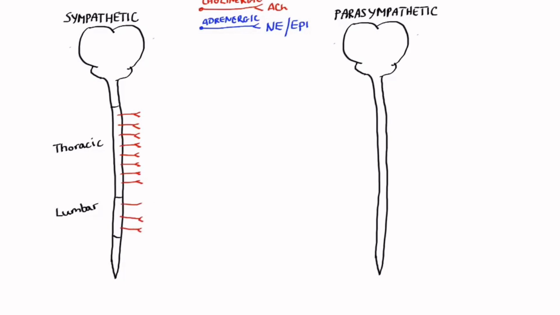And they synapse with postganglionic neurons, which are long and release norepinephrine, so they are adrenergic neurons. For simplicity and to conserve some space, I'm going to skip drawing the sympathetic ganglion, but just keep in mind that there is this chain of synaptic connections of sympathetic neurons that lies alongside the spinal cord.